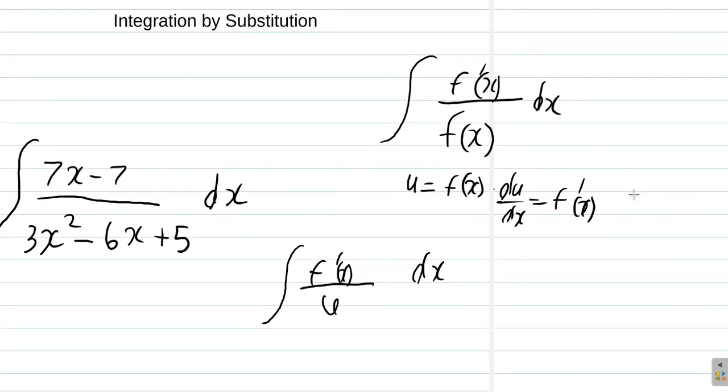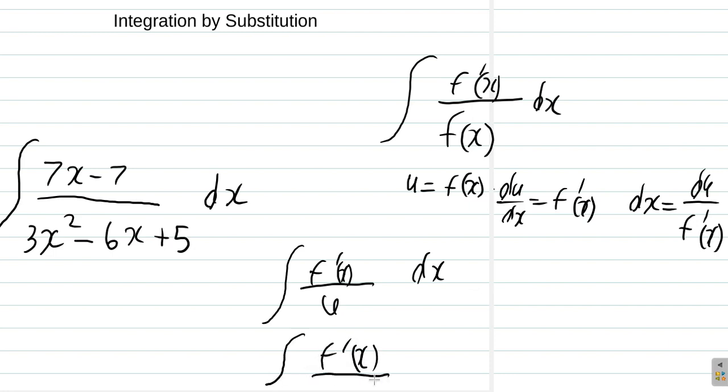And then you transpose for dx and say dx equals du over f prime x. So this now will become the integral of f prime x over u times dx, but dx is du over f prime x.